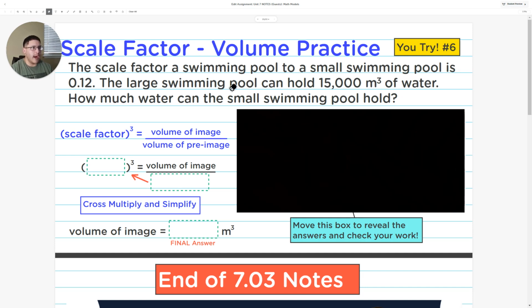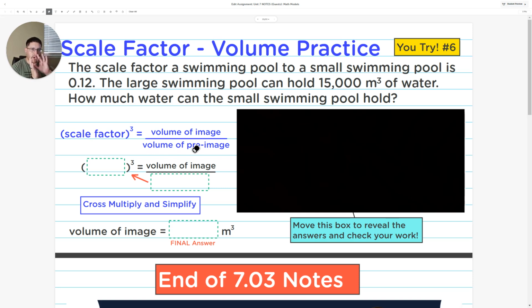Now on to you try number 6. The scale factor of a swimming pool to a small swimming pool is 0.12. The large swimming pool can hold 15,000 meters cubed of water. How much water can the small swimming pool hold? You have the formula with scale factor being cubed. Remember, the pre-image is the original.